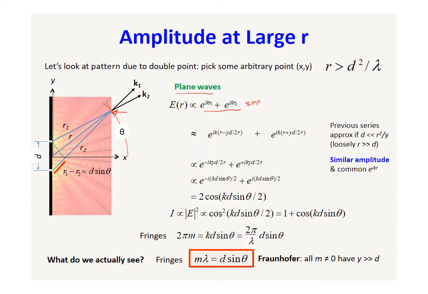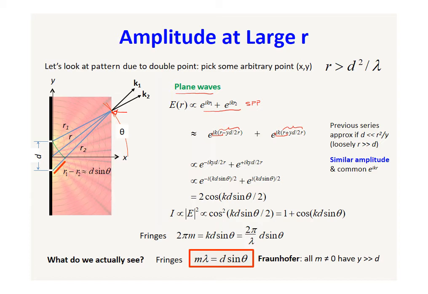In the previous slide, we saw that we could use these terms here as approximate expressions for R1 and R2. Then what I've done is I have factored out this e to the i k r, and I have put it as a constant of proportionality.